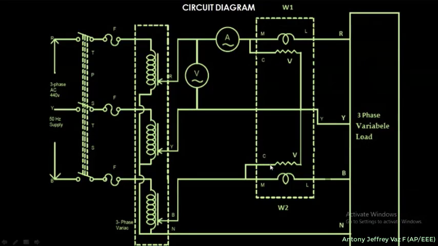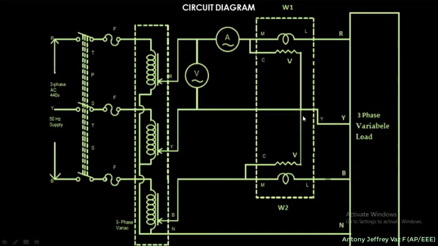So the common point of the pressure coil is connected with the M of the current coil, whereas the other end, the V end, is connected to the opposite phase. Why the opposite phase: the M point, the common point, is connected in the B phase, so this V point should be connected in the Y phase.